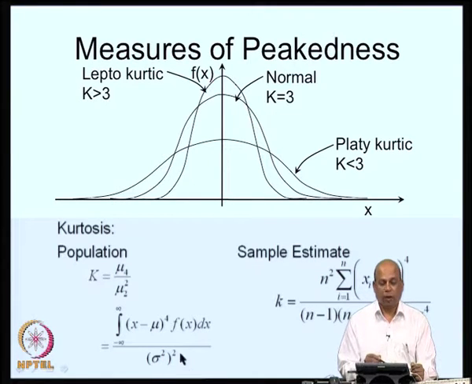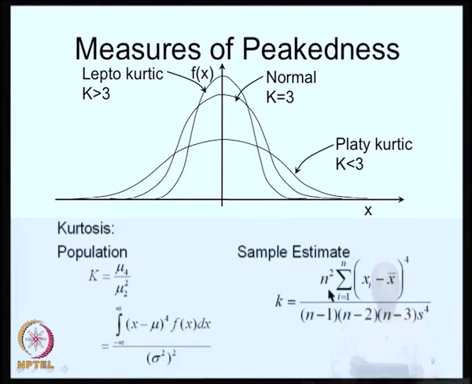The associated sample estimate is written as follows. Recall that in the previous measure, which was the measure of symmetry, we had used mu 3 there, and we had n here. So, we go on to the higher power of n and write n square, and this power is the same as the power of the moment.